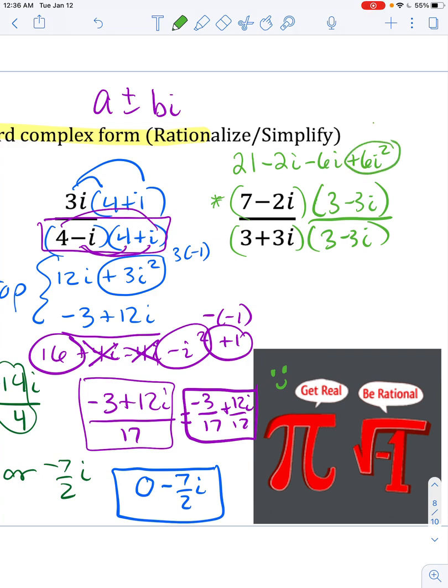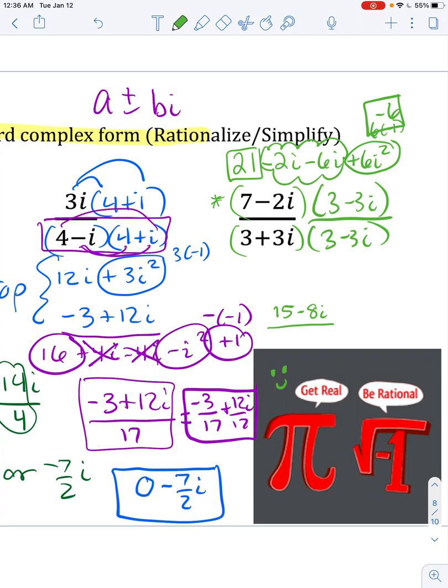This is going to be the equivalent of 6 times negative 1, so negative 6. So when I'm done with the top, I'm going to have a negative 6 combining with a 21, so 15. Maybe we'll move that down a little bit. And then my imaginaries in the middle combine to be minus 8i.